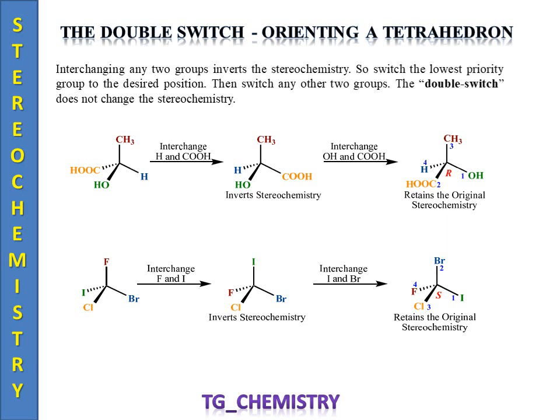Now we can interchange any two groups except the fourth group, obviously, and we interchange the iodo and the bromo groups, and that leads to the structure you can see on the right hand side, the last structure of the second row. You can go with 1 2 and 3, and that goes in the anti-clockwise or counterclockwise direction, and it retains the original stereochemistry. So therefore the configuration of that chiral carbon should be S.